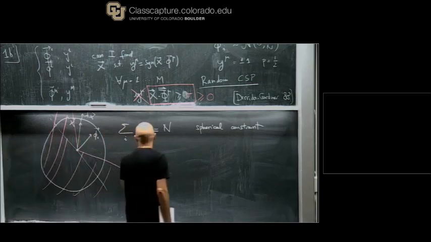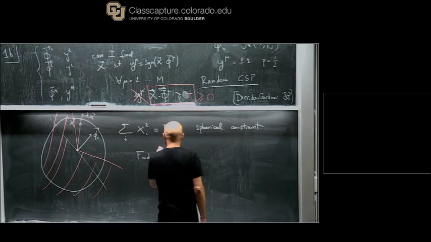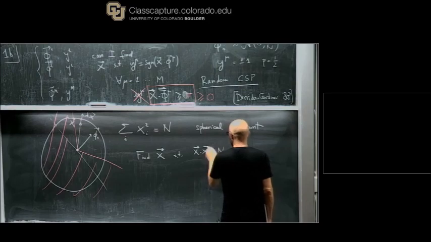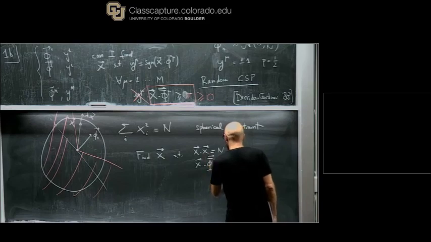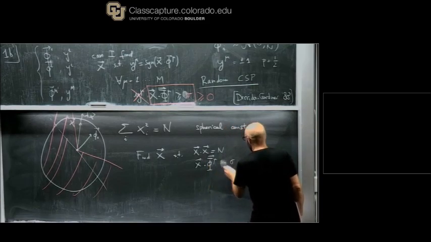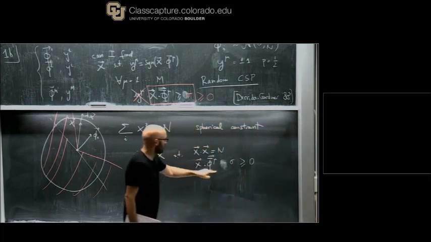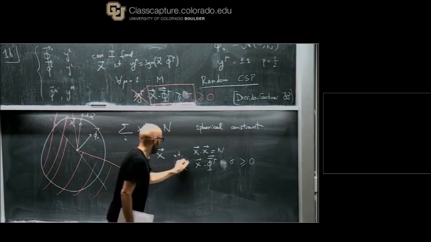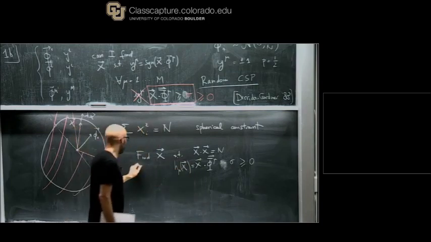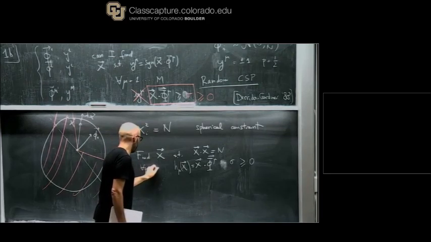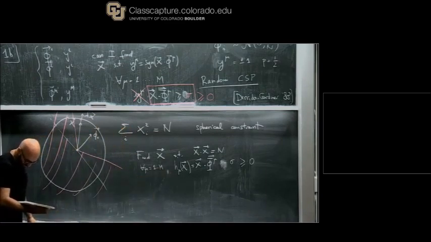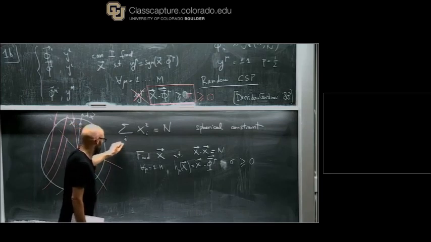My goal is to find a vector x such that x squared is equal to n, and x times phi mu is bigger or equal than sigma, or if you want, let's write it in this way: x dot phi mu minus sigma should be positive. I will call this h mu of x. And this should be true for all mu from 1 to m, and that's it. OK, so this is my problem.